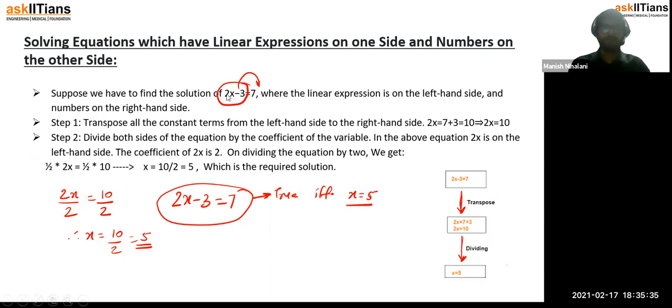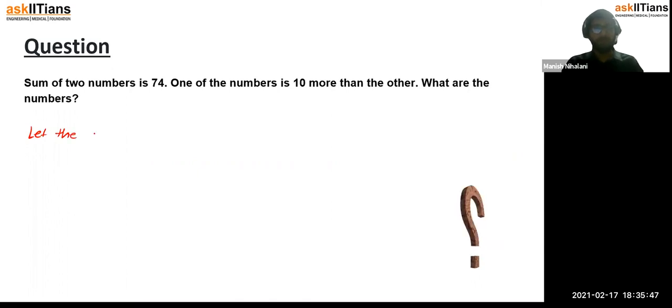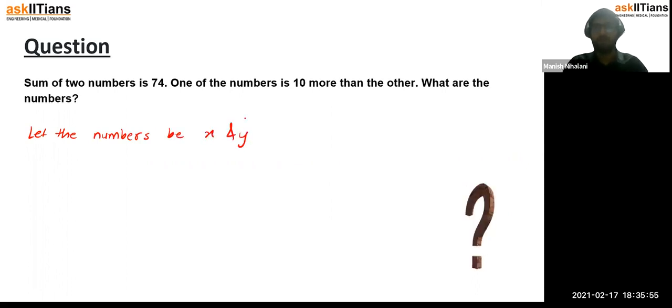So let's now see a question based on this. It says the sum of two numbers is 74. So you would say, let the numbers be x and y. One of the numbers is 10 more than the other.